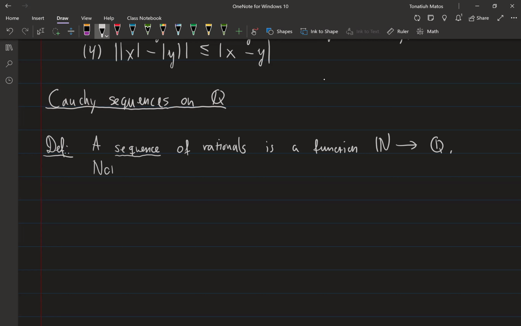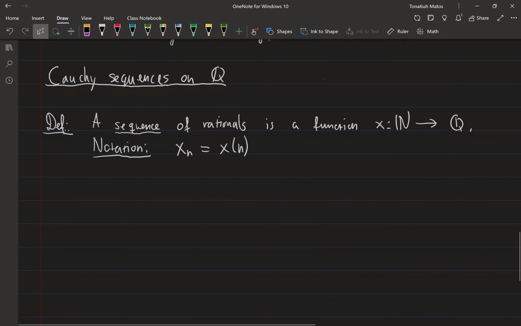And the notation for sequences is as follows. So if this function is called, typically we will call it x, right? Then x sub n is basically the image of n under x, right? So before I give you some examples, or actually, I might as well give you one now.